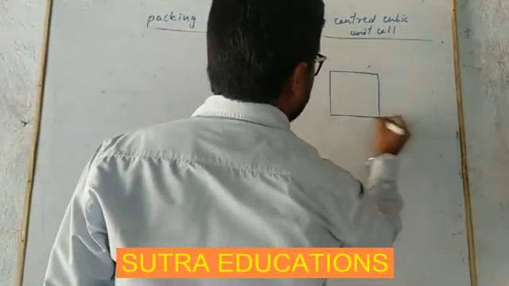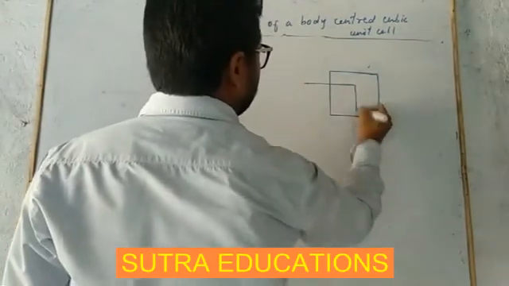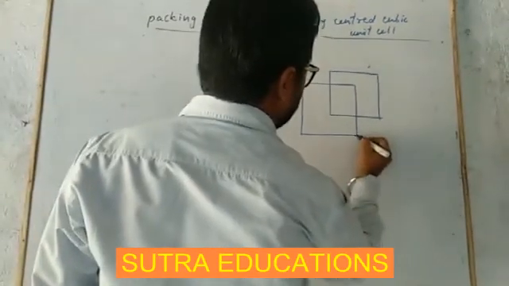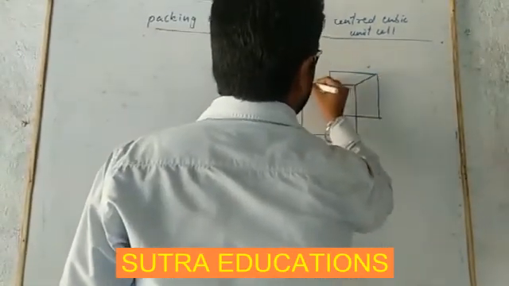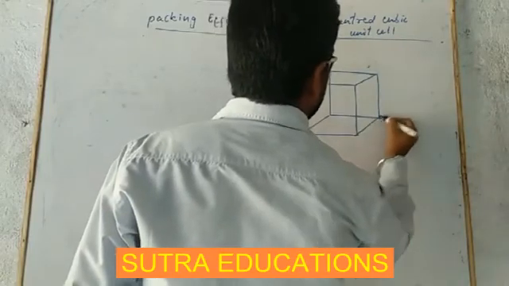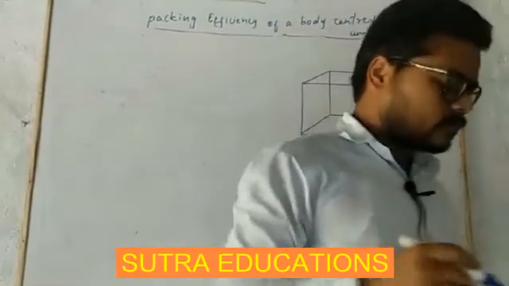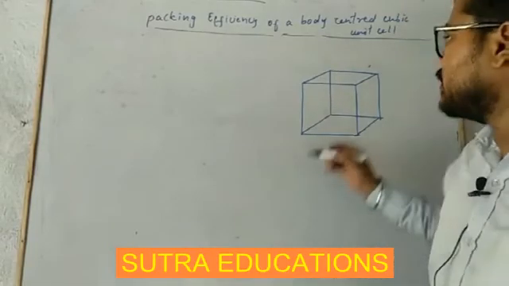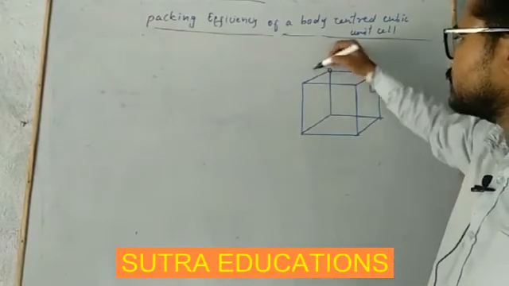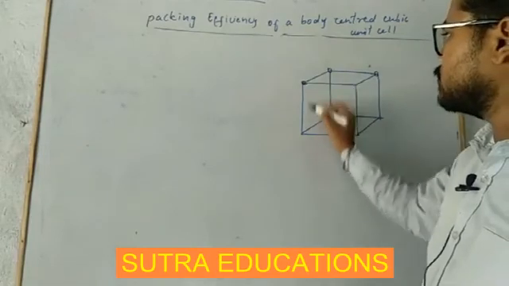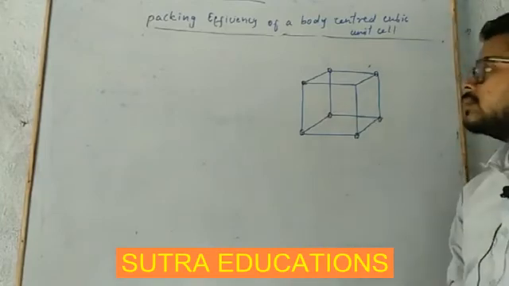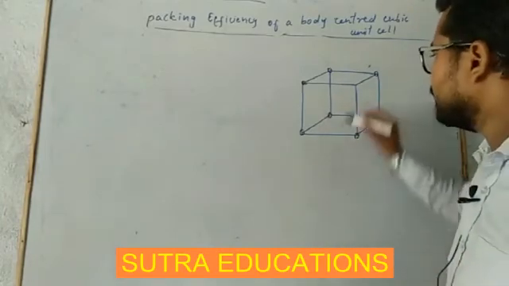I am going to draw a body centered cubic unit cell. If it is a body centered cubic unit cell, the atoms present will be at all 8 corners, and one atom will be present at the body.